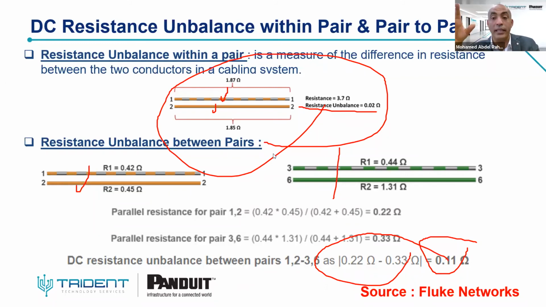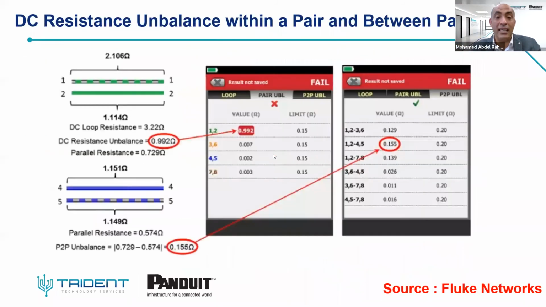It is one of the recommendations to perform this test, the DC resistance within the pair and DC resistance pair to pair. As you can see here, this is a snapshot from the Fluke DSX 5000. Also, here is the DC resistance imbalance between pair 1 and 2.